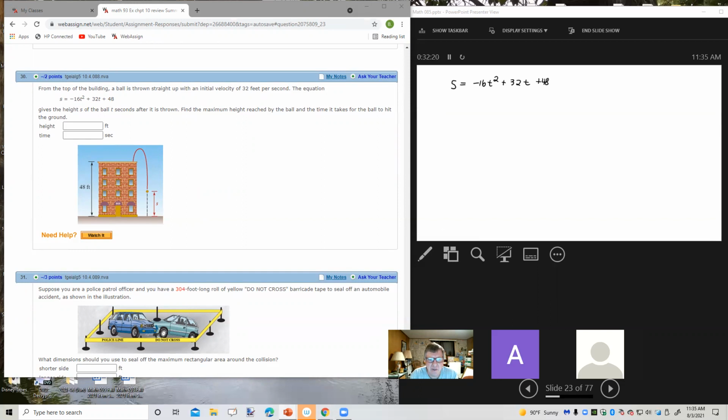Find the maximum height reached by the ball, and the time it takes for the ball to hit the ground. Okay, so over here in our picture, the maximum height would be up here, right?